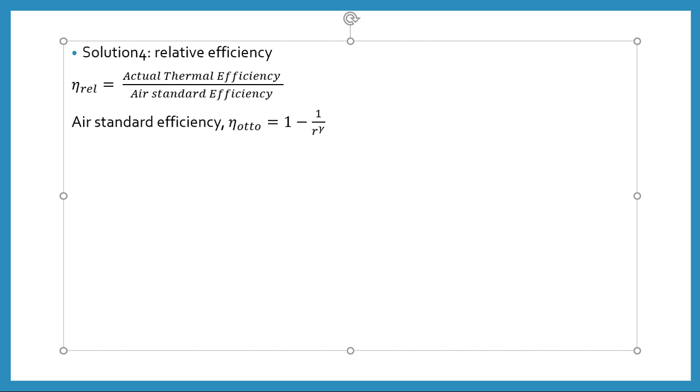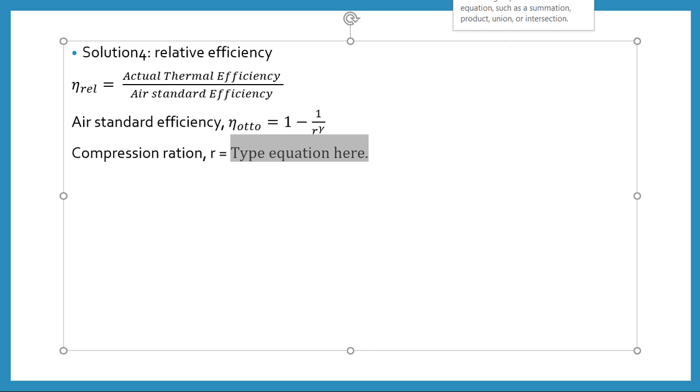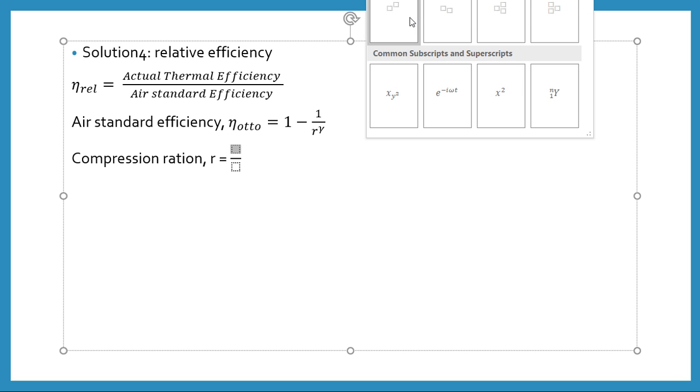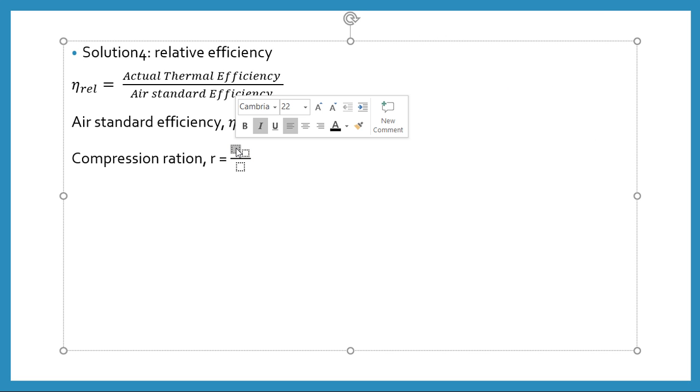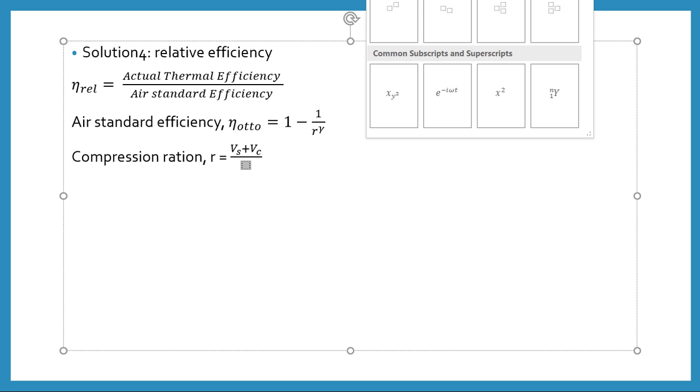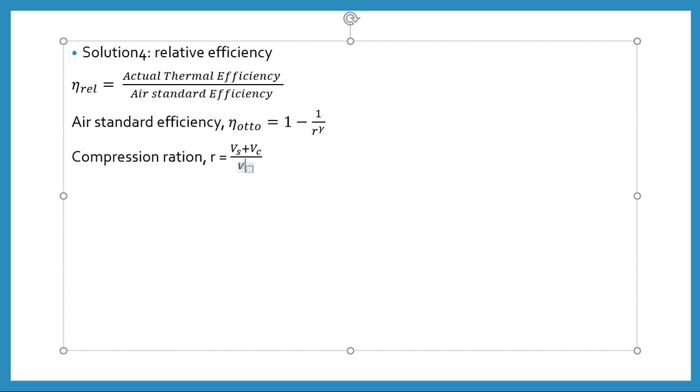So we know the equation of the compression ratio: R equals swept volume plus clearance volume divided by clearance volume.